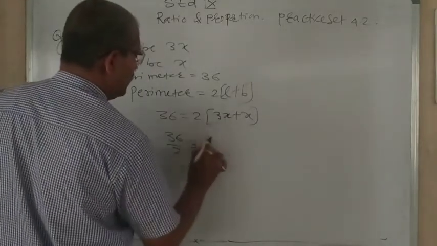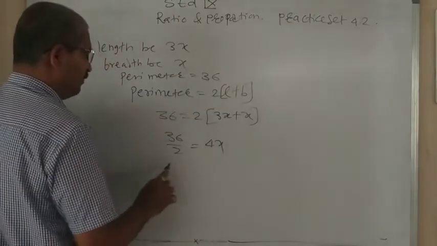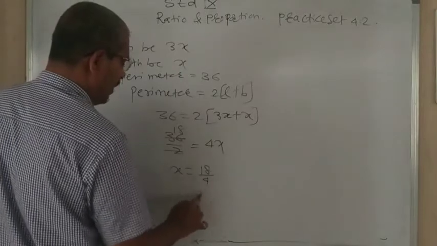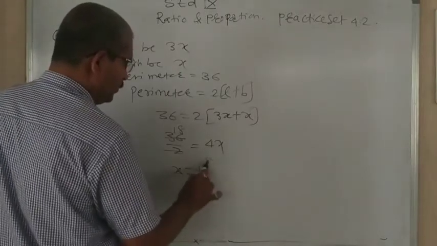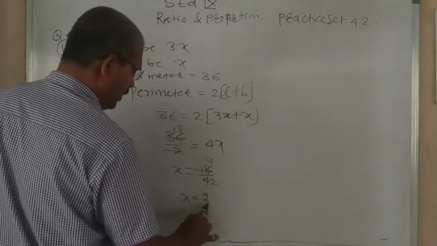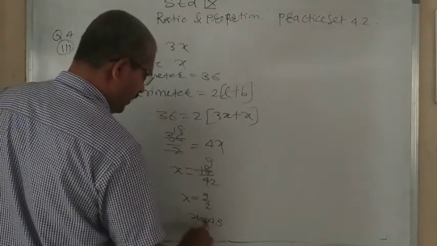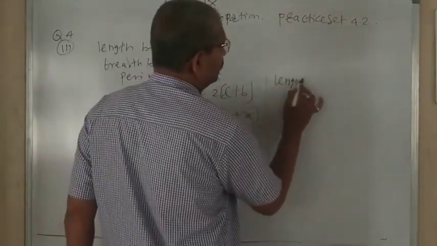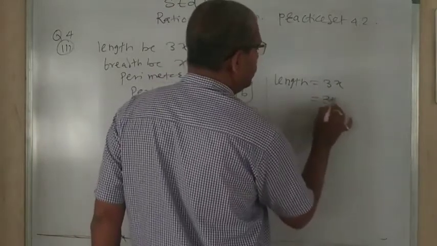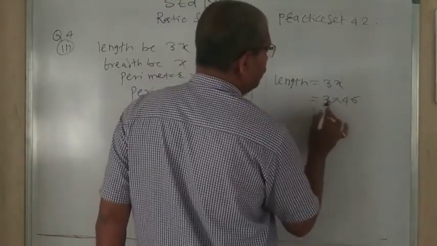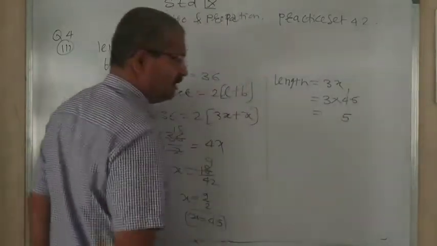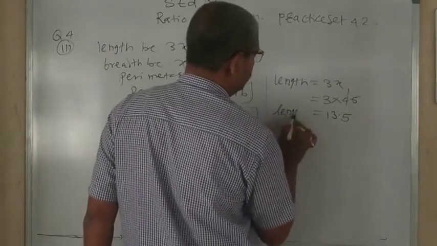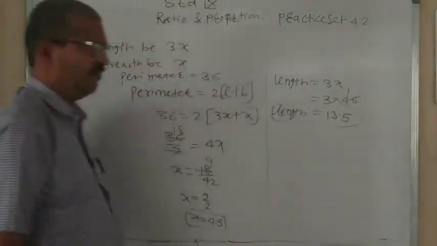Here 3x plus x means 4x. 36 divided by 2 is 18. Now 18 divided by 4: 2 9s are 18, 2 2s are 4, 9 upon 2 means 4.5. Therefore, now we have to find length. Length is equal to 3x, means 3 into 4.5, 3 5s are 15, carry 1, 3 4s are 12 and 1 is 13, 13.5.